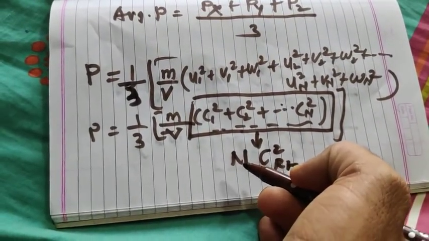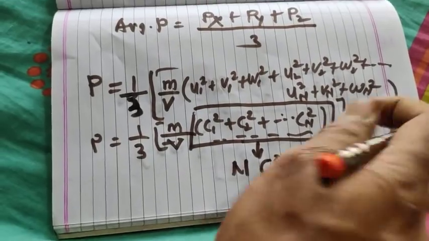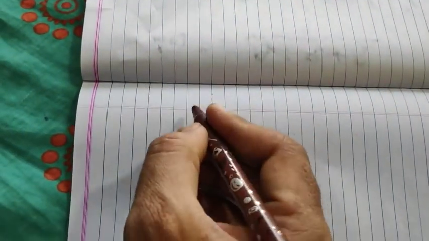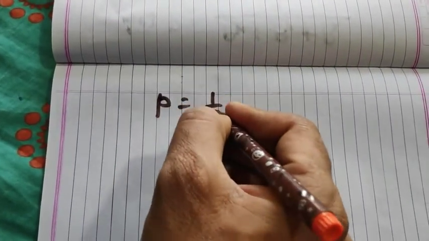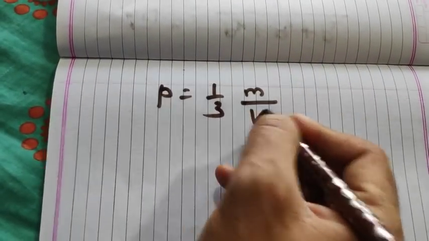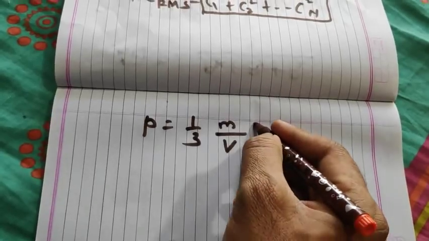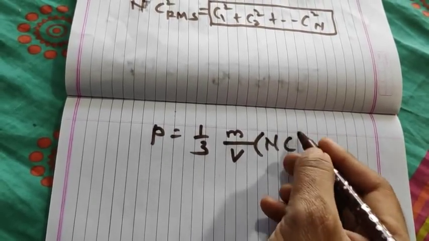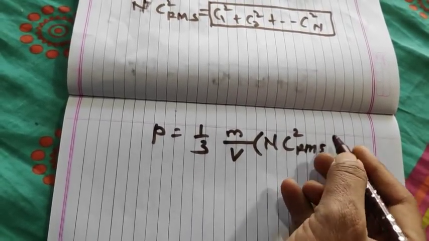That doesn't make any difference. This n is the number of gas molecules. So we'll have the final answer P is equal to 1 by 3, mass of each molecule upon total volume, into the bracket N C square RMS.